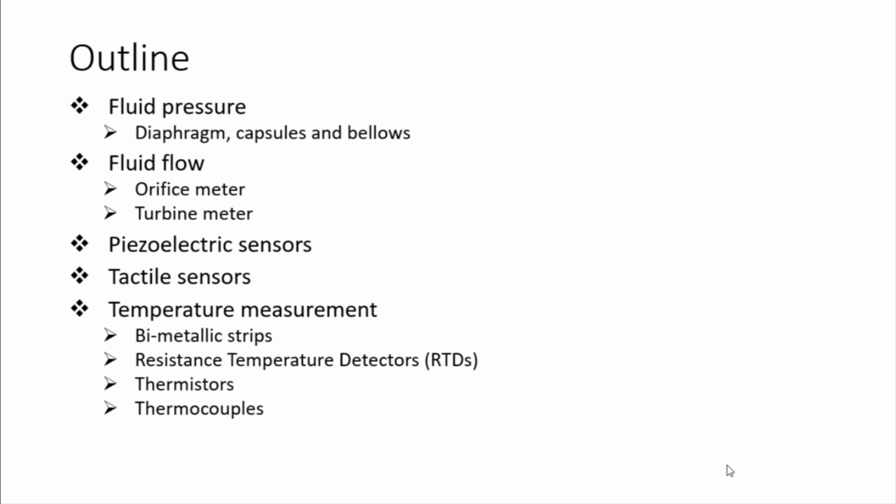How to measure the temperature. There are certain important sensors that will be studied. Some of the sensors such as bimetallic strips, resistance temperature detectors, thermistors, and thermocouples will be studied. Finally, we will see how to detect the lights by using the photodiodes.